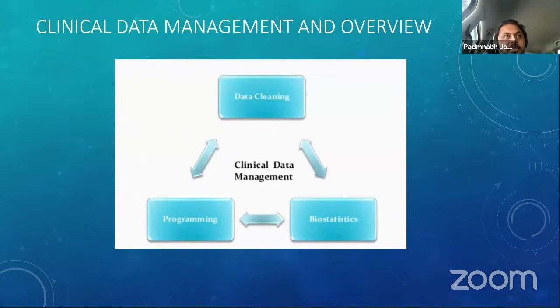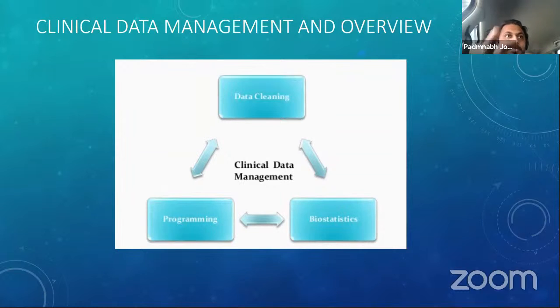This is another key group that helps us make sure that the protocol requirements we have defined to capture the data are designed in the CDMS systems we spoke about, whether it is Oracle Clinical or Medidata Rave.